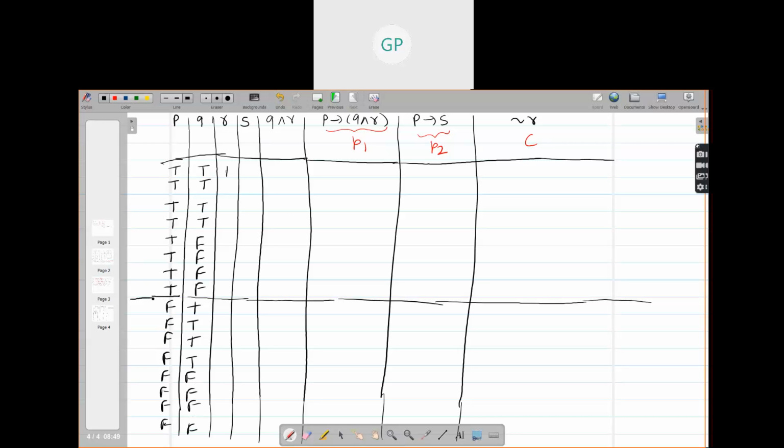Then here, in the R column, what will you have? 2 times T, 2 times F. T, T, F, F. This should be T, sorry.